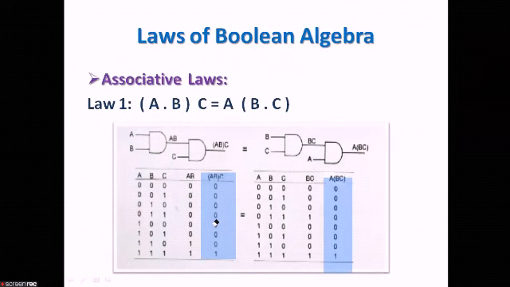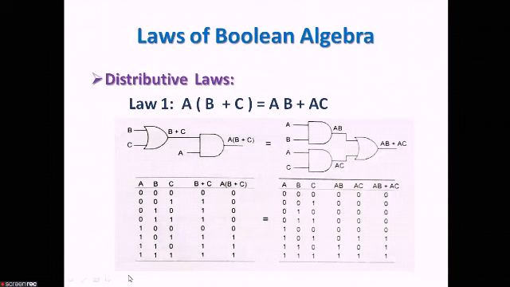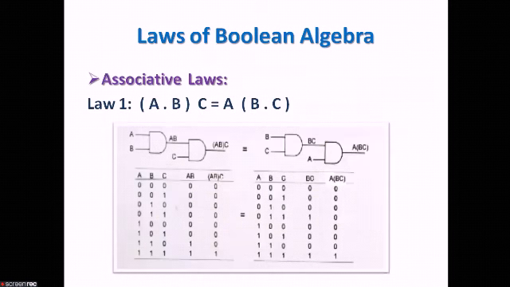Now again, this law can be extended. Again, this associative law can be extended to a number of variables. Now if we include a variable here, that is D, suppose.